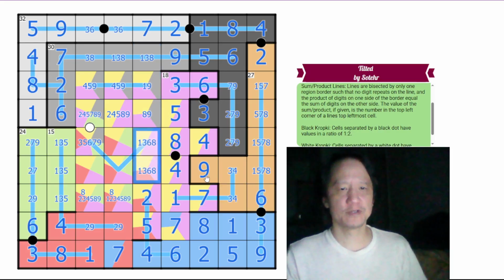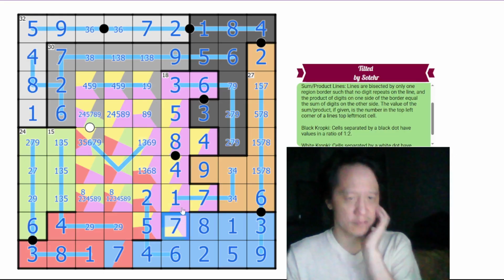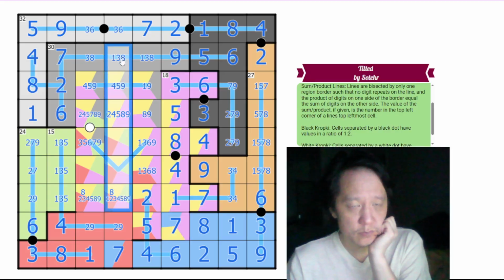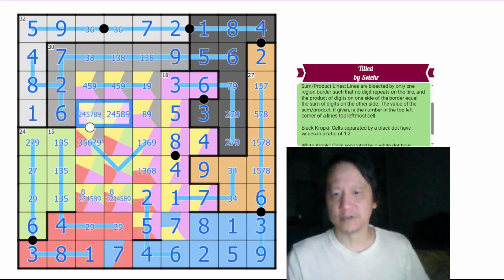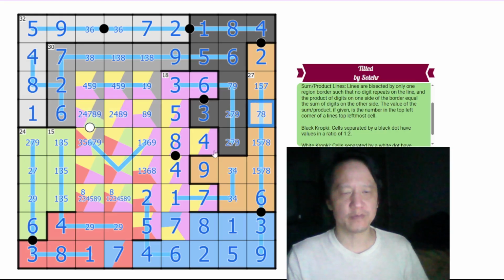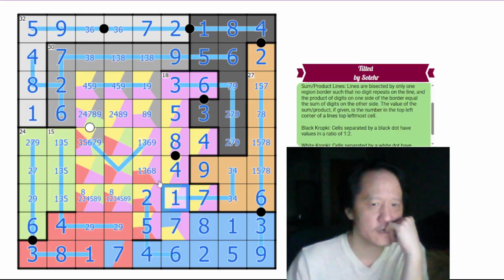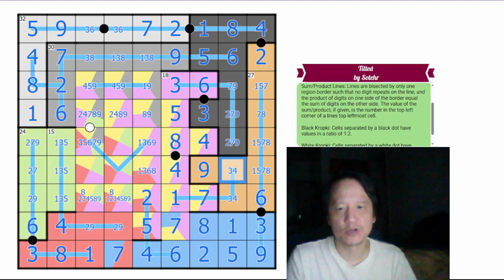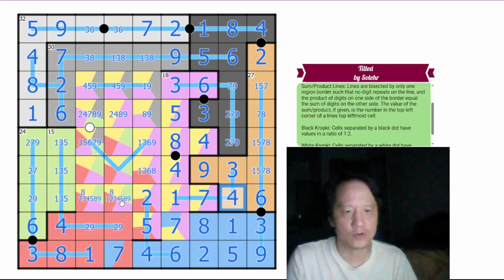We have 1, 3, 6, 8, 9. This can't be 8. This can't be 9. This is pretty convoluted. Anyways, this can't be 5. This can't be 5. This 4 eliminates 4 here, so this is 3, which makes this 4.